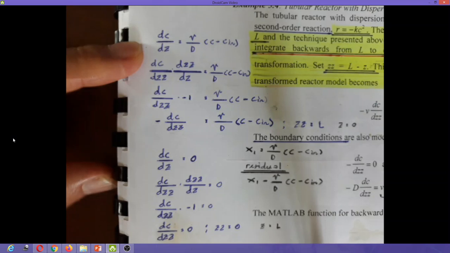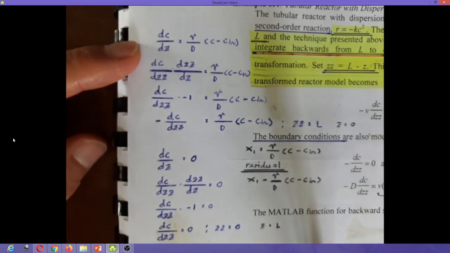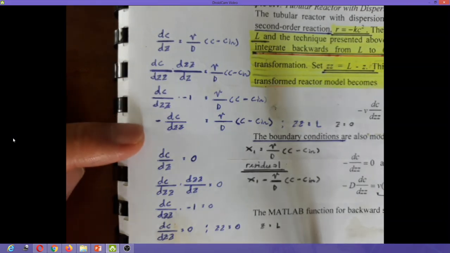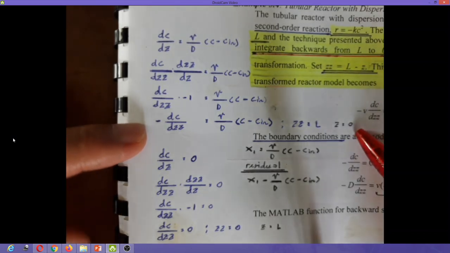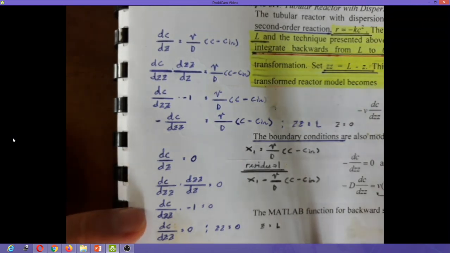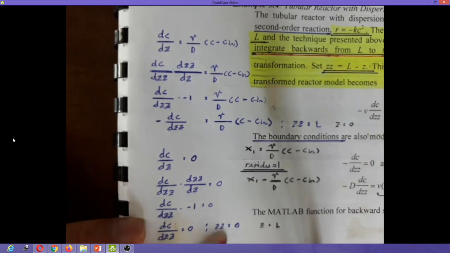Use another chain rule again, and then you will get these equations. For zz equal L, which is equal to z equal 0. And for this condition, dc per dz is equal to 0. You have to follow these steps to get dc per dz equal to 0 at zz equal 0, which is the same as z equal L.